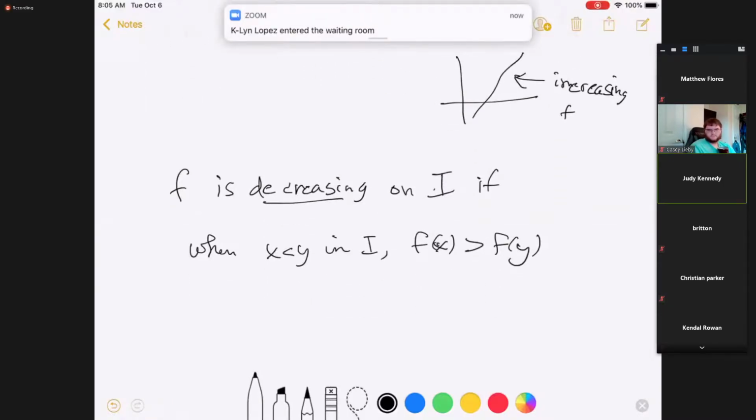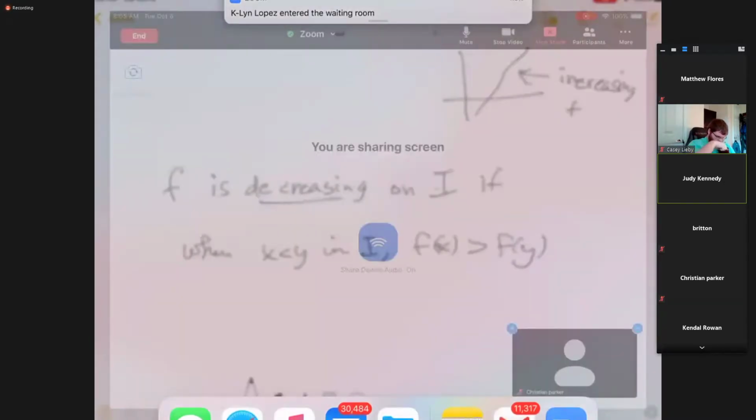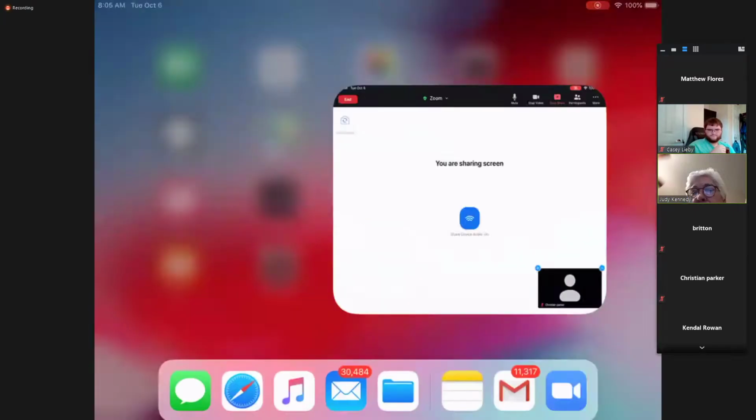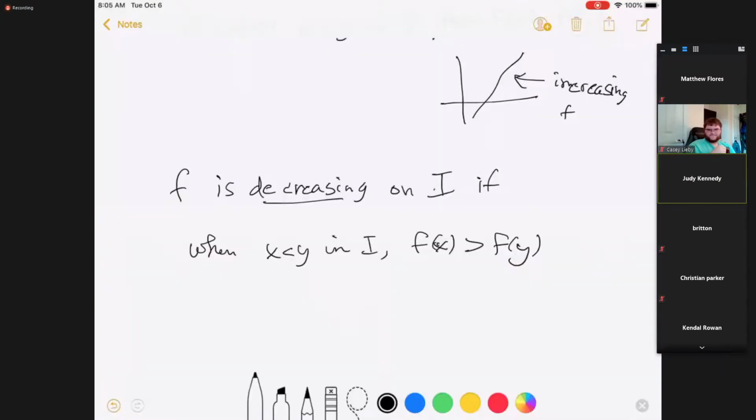So picture, okay, that's a decreasing function.